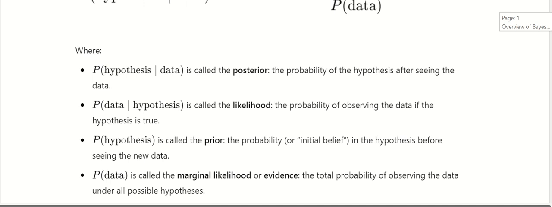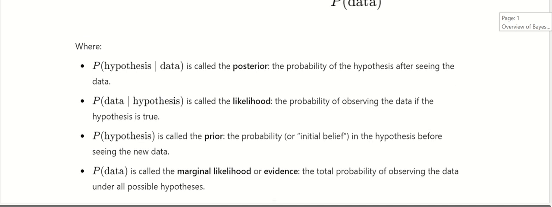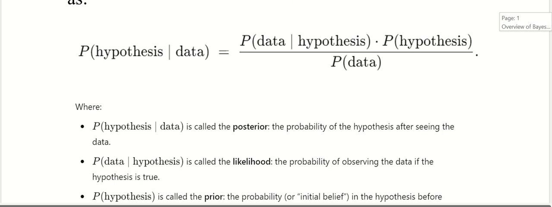So let's talk about it again, where P of hypothesis given data is the posterior. This is what you want to calculate. You want to see the change of the probability of your initial hypothesis based on the new data or an experiment you have made.